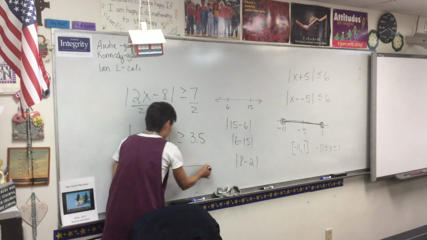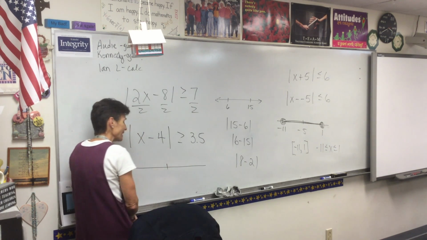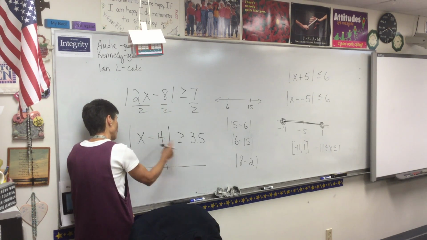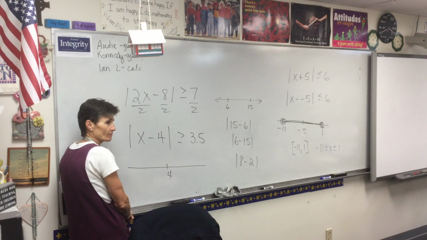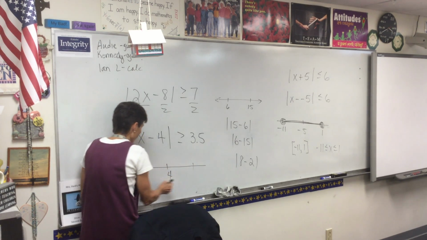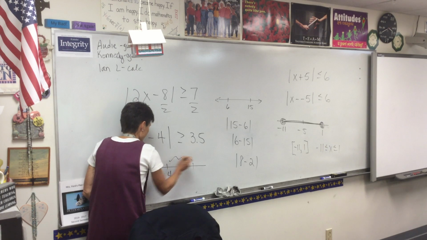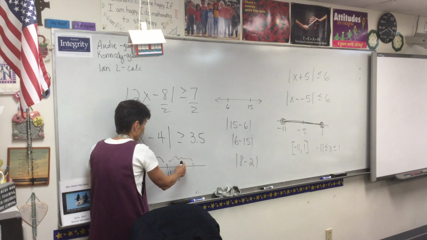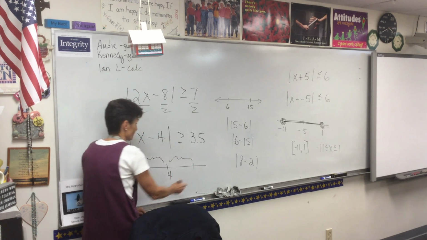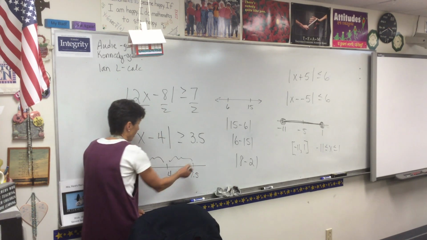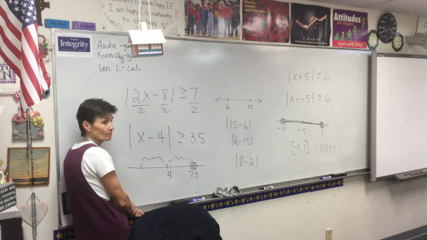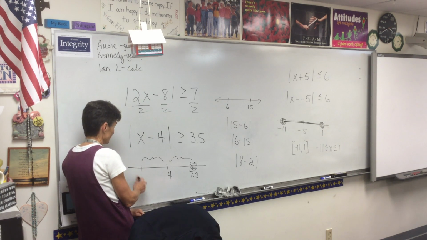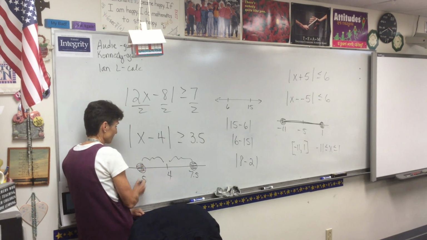So I'm going to draw my number line. In the middle, smack dab in the middle of that number line goes the opposite of this number. So this is x minus 4, so I'm going to put a 4. Now I'm going to count this way and this way that much. So 4 plus 3 1/2 would be 7 1/2. And I'll put a solid dot there. 4 minus 3 1/2, 0.5, solid dot.